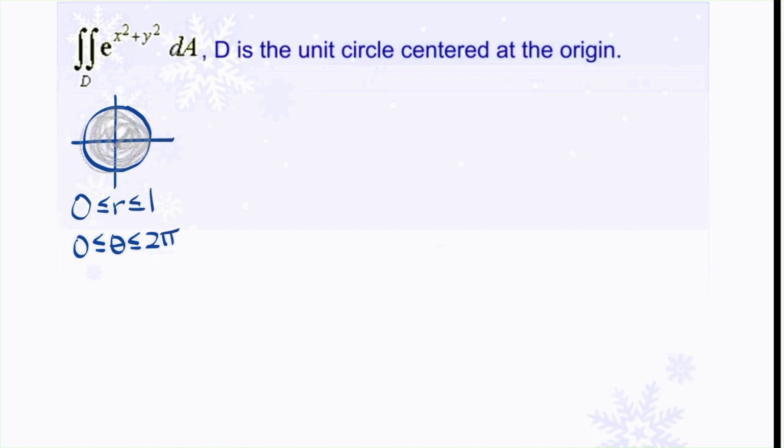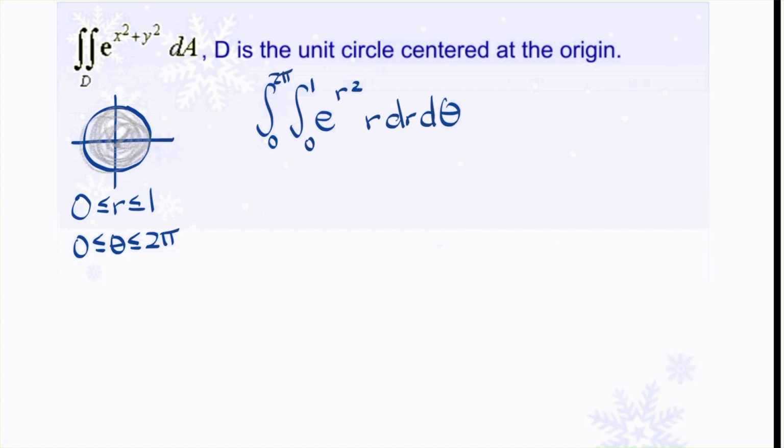Then if we look at our integrand, it's going to be e to the r squared because x squared plus y squared equals r squared. And then dA is r dr d theta. Pretty fun. And then our r is 0 to 1, our d theta is 0 to 2 pi.